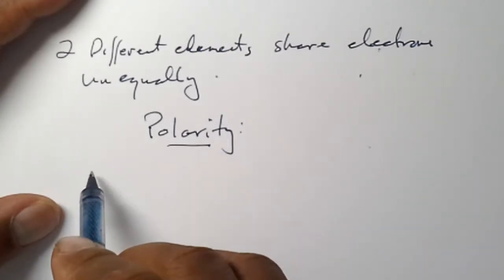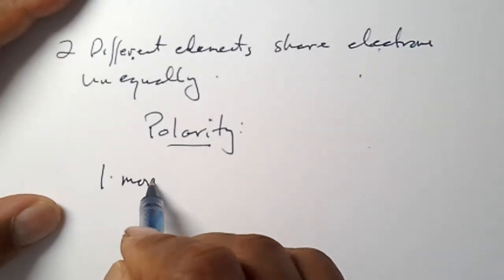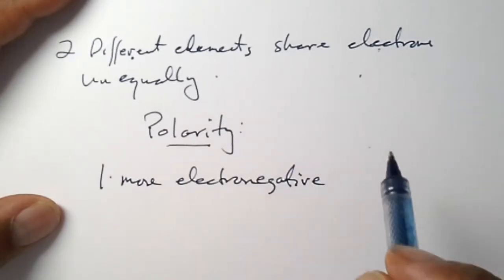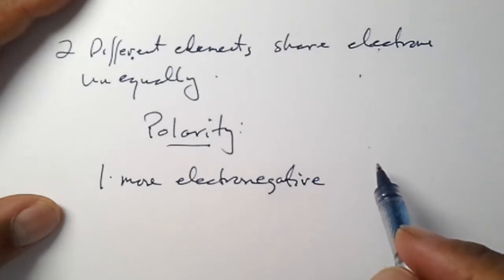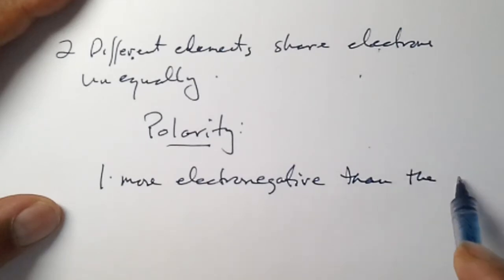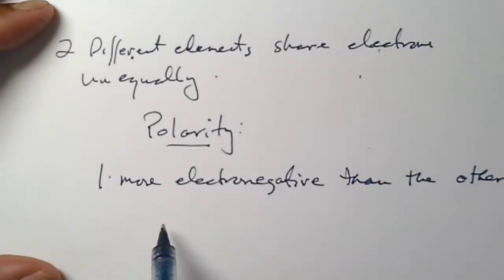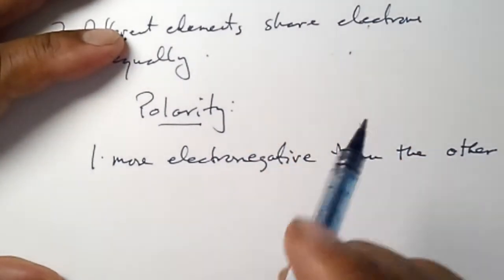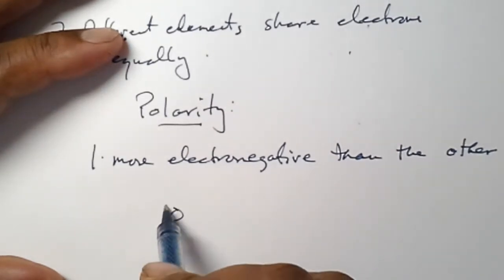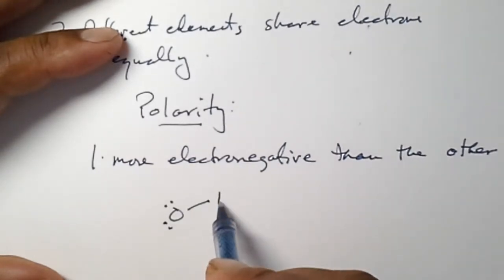So polarity results from 2 different elements, one is more electronegative than the other, that is, it draws electrons to itself. For example, water. Water is our classic polar molecule. It has oxygen with 2 unshared pairs of electrons and hydrogen.